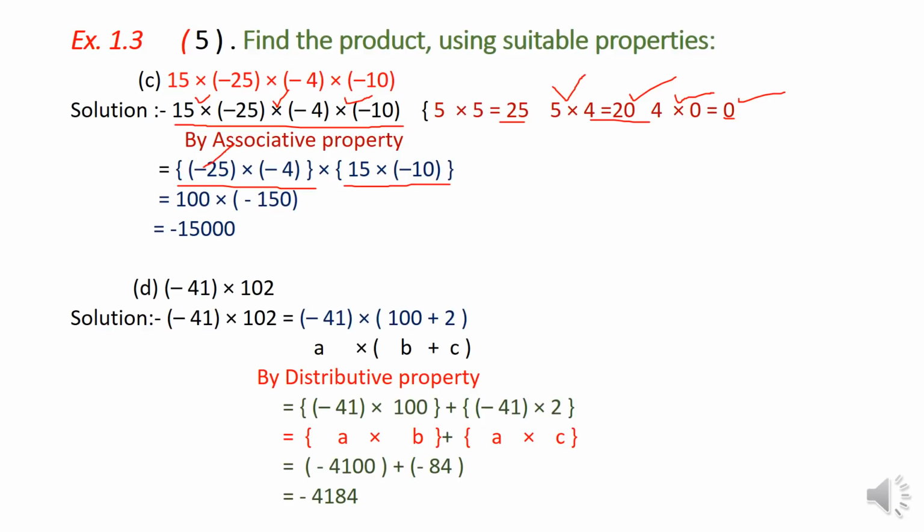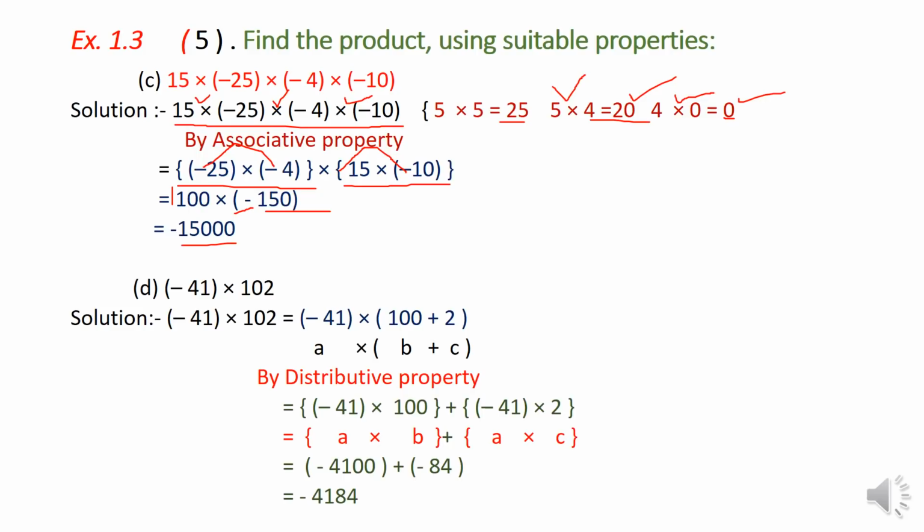Minus multiplied by minus will become plus, and 25 multiplied by 4 will become 100, and in the second bracket plus multiplied by minus will become minus, and 15 multiplied by 10 will become 150. So, again minus multiplied by plus will become minus, that is 100 multiplied by 150, that is 15,000. This is the final answer.